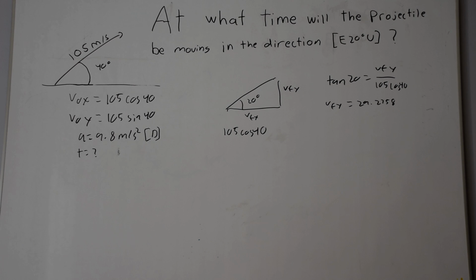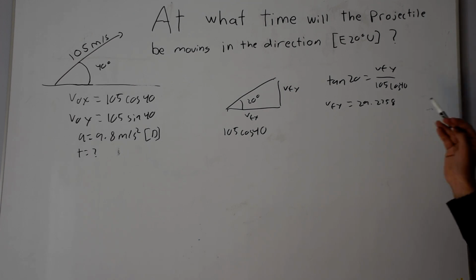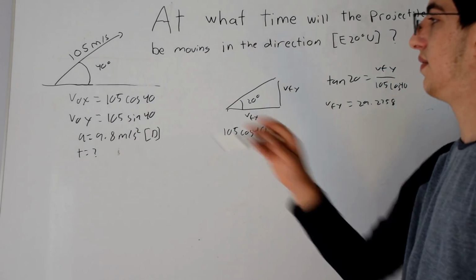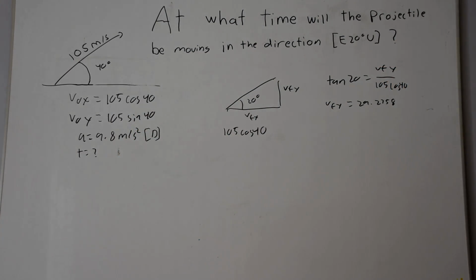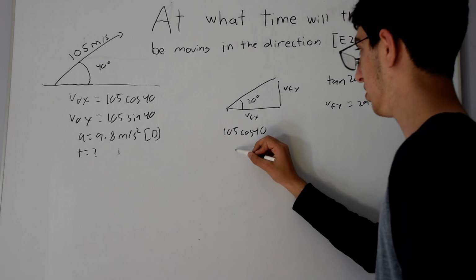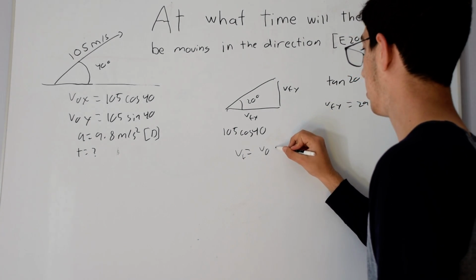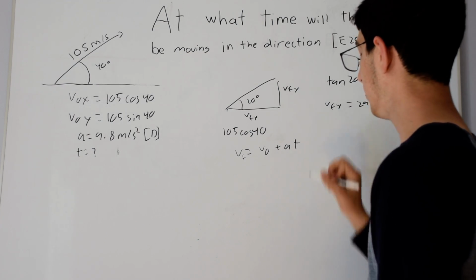Now we know the final velocity in the vertical direction, we know the original velocity in the vertical direction, and we have the acceleration in the vertical direction. So we can use the nifty equation: final velocity equals original velocity plus acceleration times time.